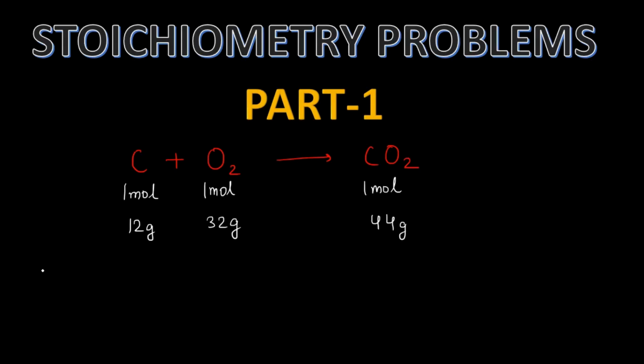Now, there will be two types of questions that come in these types of problems. In the first part, we are discussing when the excess reactant is already given to you.